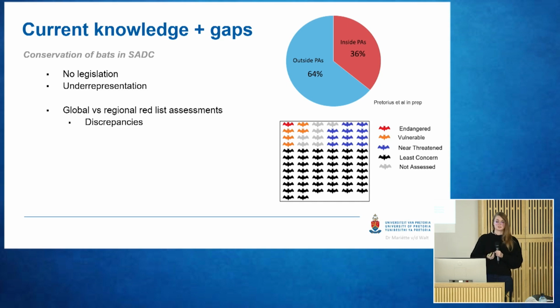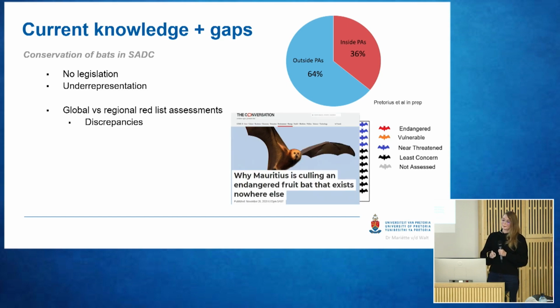Are they classified as endangered? Are they classified as least concern? A particular example is in Mauritius, where these fruit bats, I think they're classified as vulnerable, are being culled at an alarming rate because people are perceiving them as agricultural pests. And that's from the government side, where they're not being adequately protected.